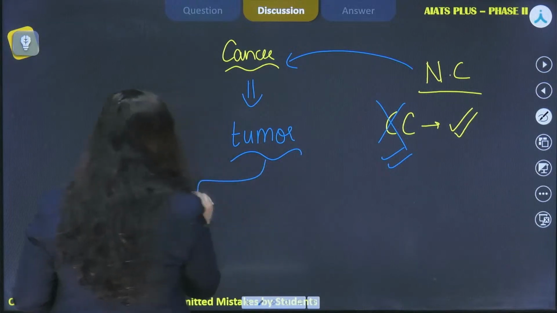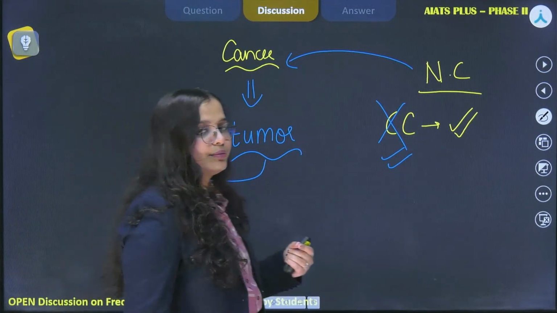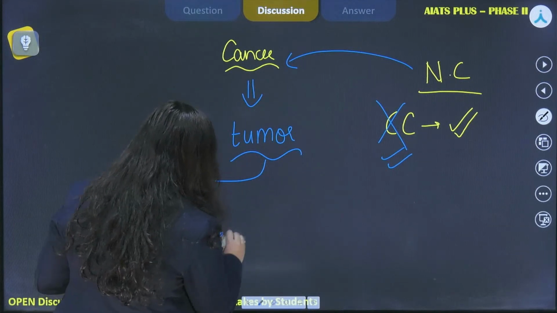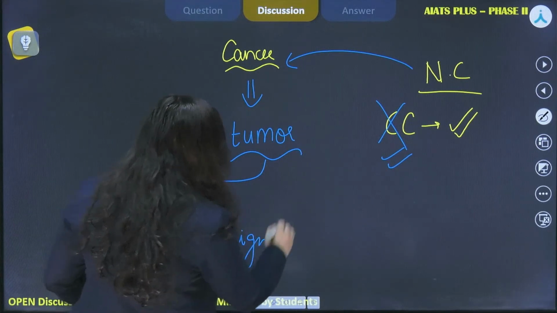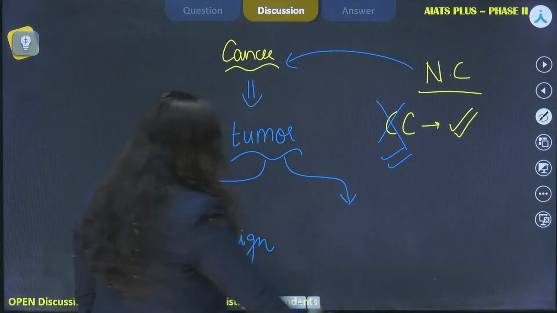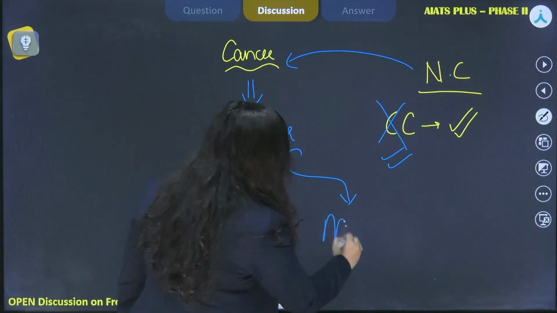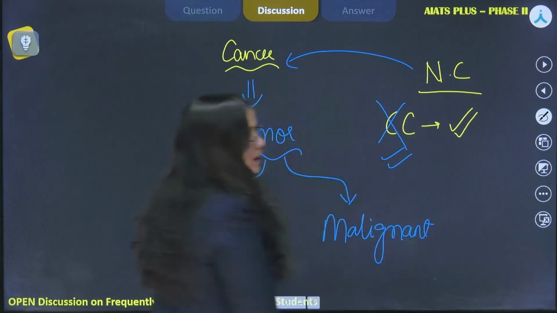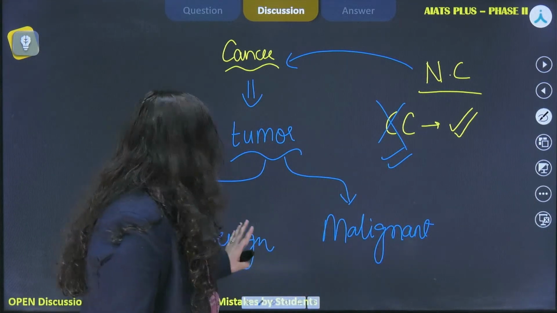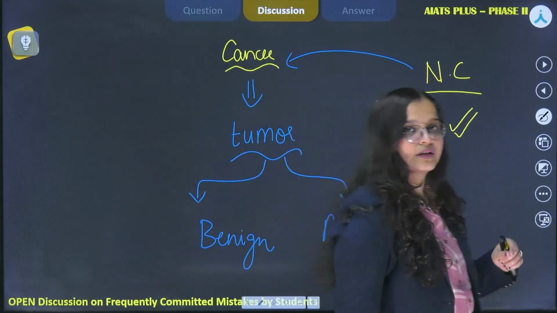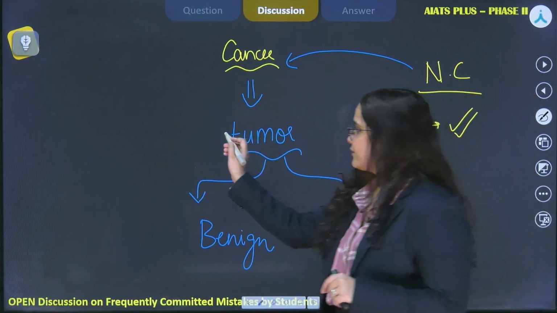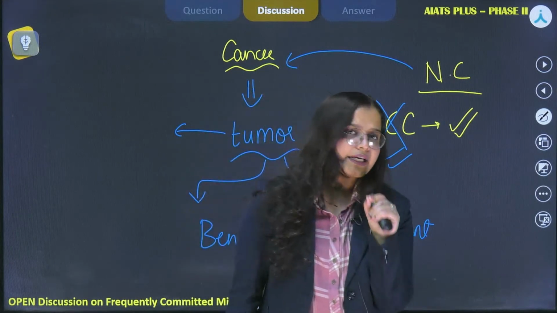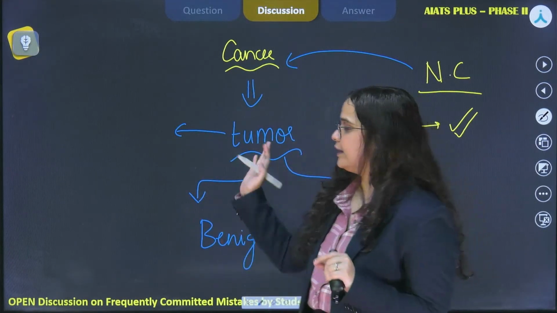Now further, these tumors can be of two types, which are known as the benign tumors and the malignant tumors. Now we will discuss these two different types of tumors, but let us first discuss the common characteristics which are seen in a tumor.